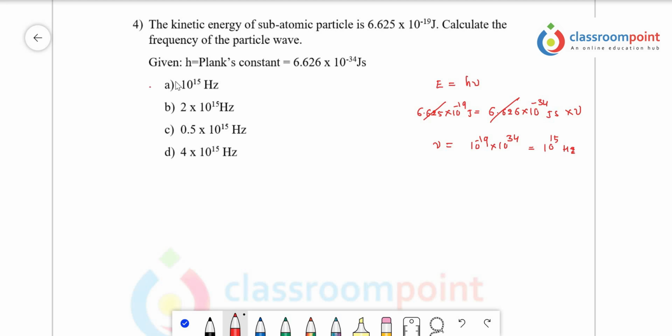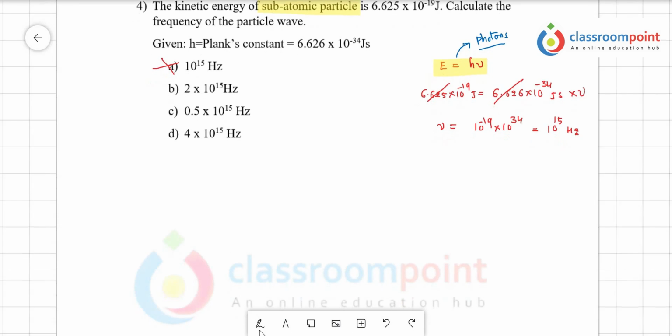So we think this is an answer, which is wrong, because E equals h nu, whatever is given, is applicable only to the photons. But the given concept over here is subatomic particles. So for subatomic particles, we cannot apply this particular formula. It is not applicable also. Then which formula is applicable?